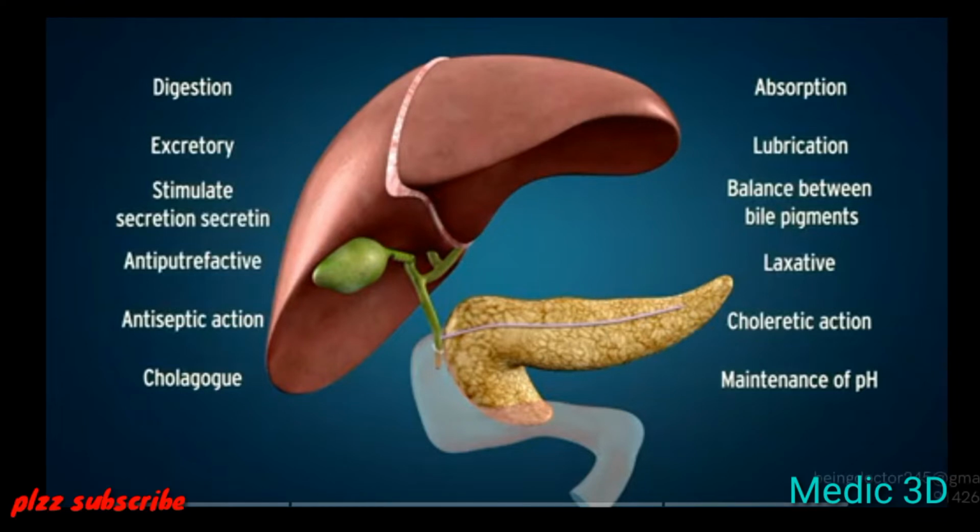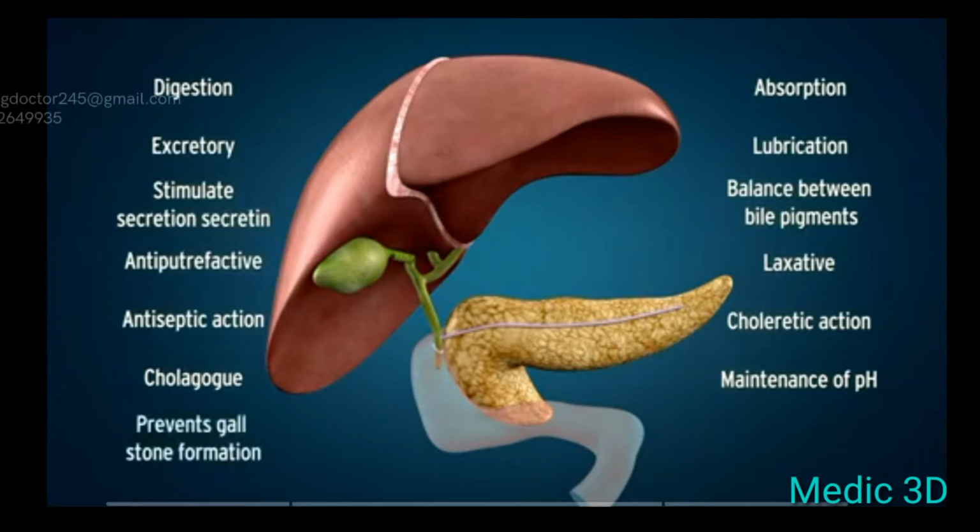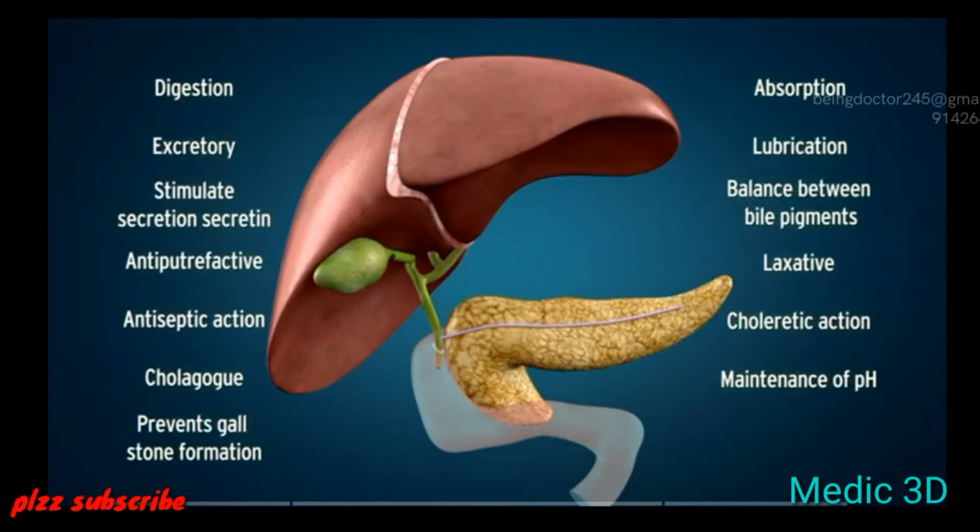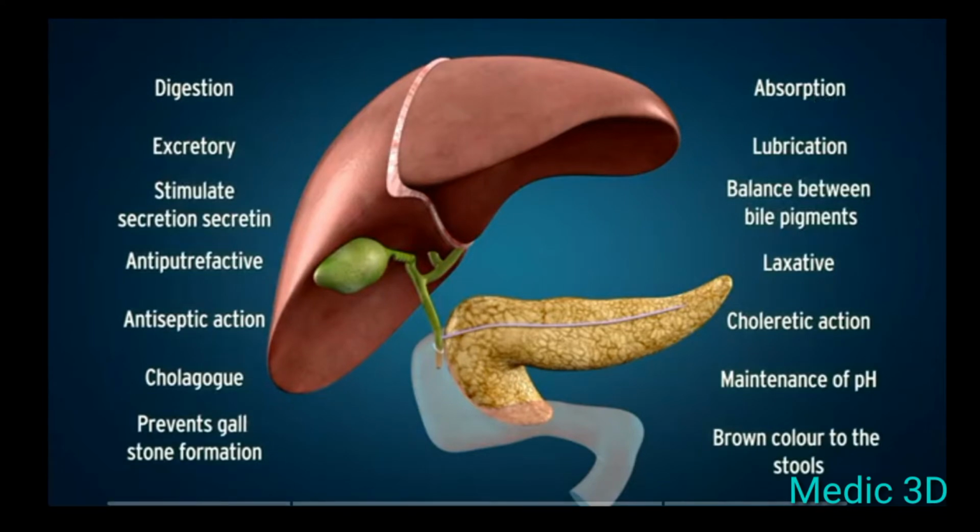Because of alkali content, it neutralizes the gastric juice and also chyme, thus maintains optimum pH for digestive enzymes. Prevents gallstone formation. Bile salts keep the cholesterol and lecithin in solution and thus prevent the formation of gallstones. Gives brown color to the stools.